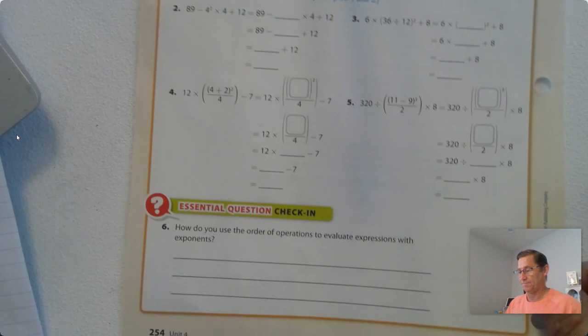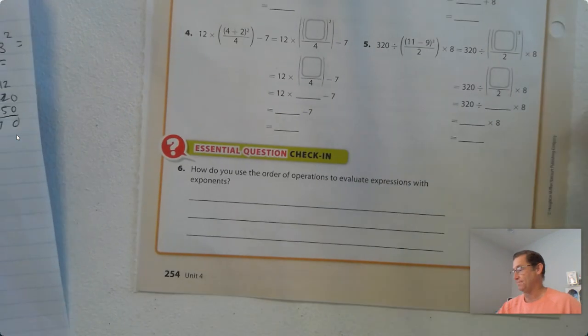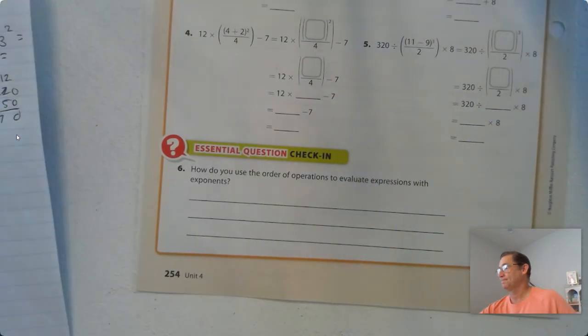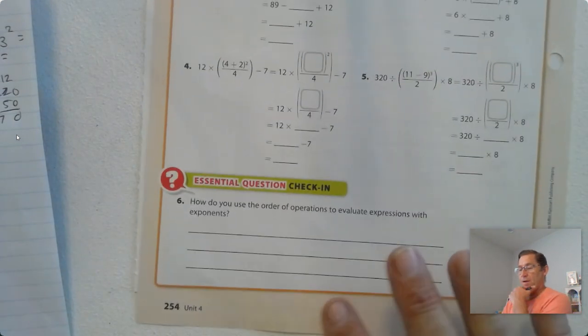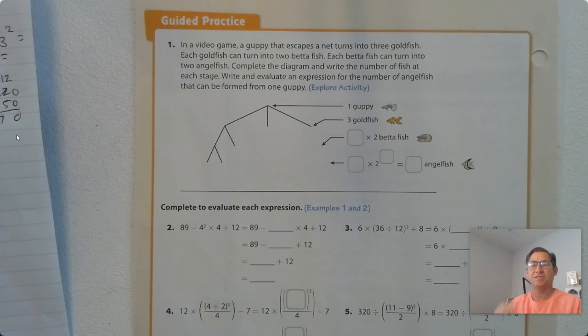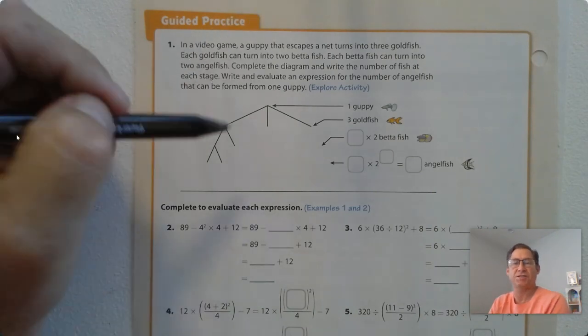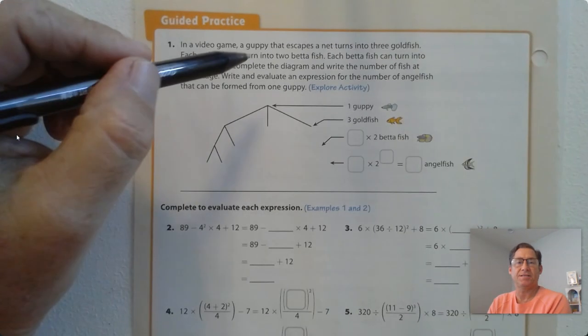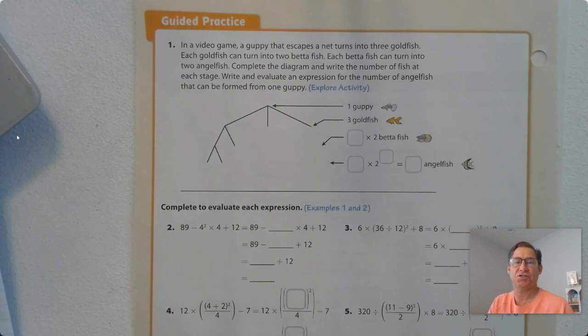All right, 254. Number 1. In a video game, a guppy that escapes a net turns into 3 goldfish. Each goldfish can turn into 2 beta fish. Each beta fish can turn into 2 angelfish.